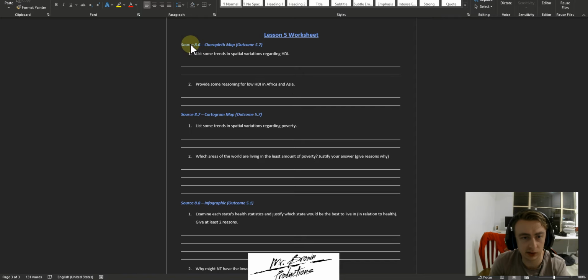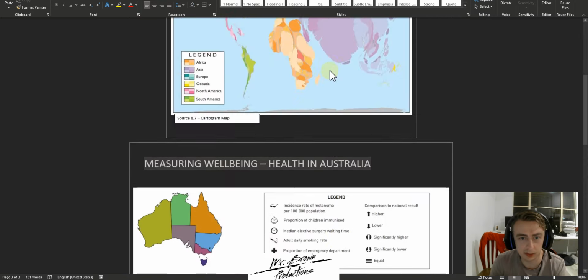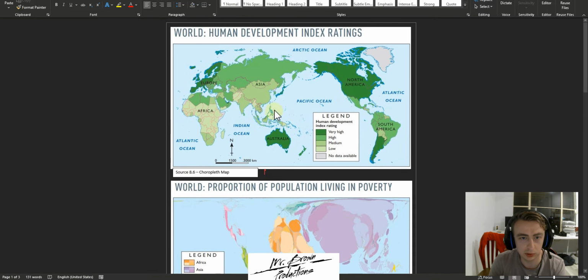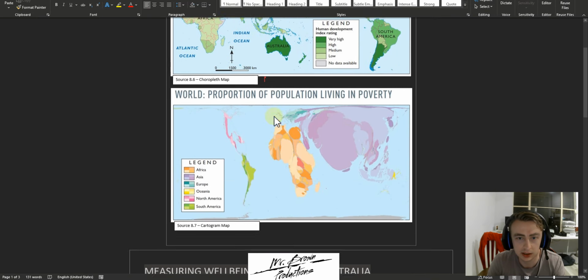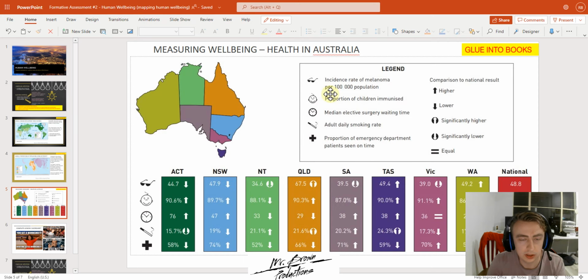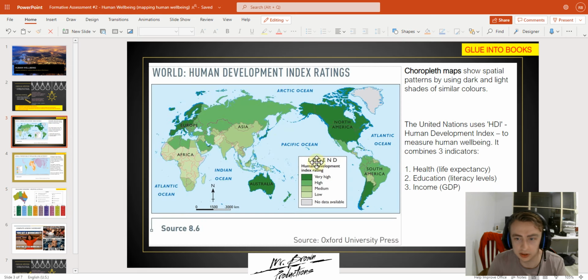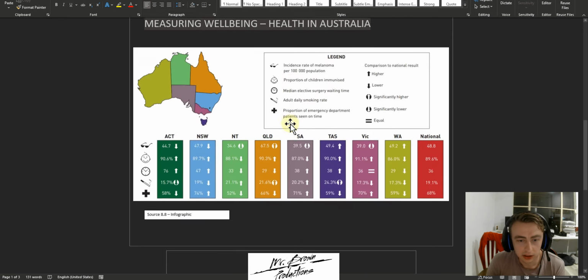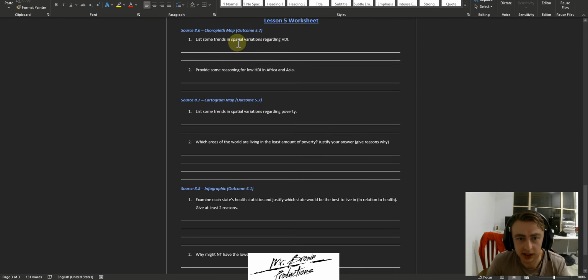So it says here source 8.6 Choropleth Map. That's you looking at source 8.6, the Choropleth Map here, and you can also see that on your slideshow here if you want it a little bit bigger. Okay. So looking at that map, I want you to answer these two questions.